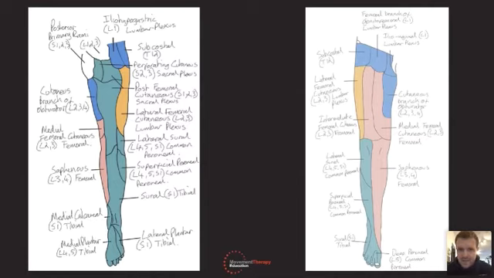These are supplied by the lumbar plexus, the higher area, so L1. Then we've got down the side of the thigh here. This is the lateral cutaneous nerve. We talked about that a couple of times, and that's again lumbar plexus, but specifically usually L2, L3.